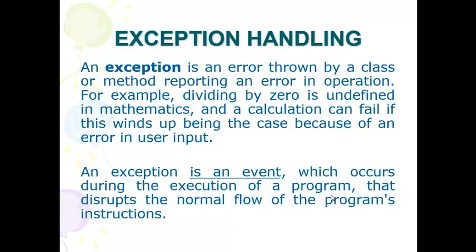So an exception is an unwanted or unexpected event which occurs during the execution of your program, for example during runtime, that disrupts the normal flow of your program's instructions. An error indicates a serious problem that a reasonable application should not try to catch, while an exception indicates a condition that a reasonable application might try to catch.